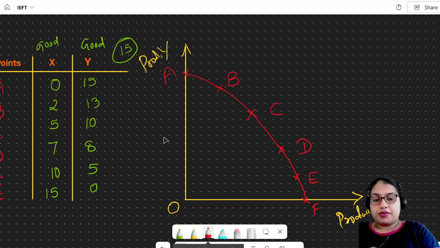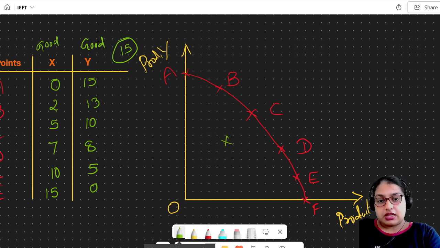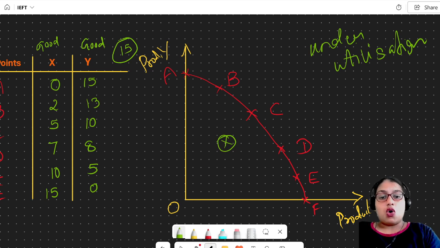If in order to represent the production, it is somewhere inside this curve, okay, if there is a point inside this curve, then that means not all the resources are used and it is underutilization. See, if not all resources are used, that is, if it is underutilization, then the point will be inside the curve.